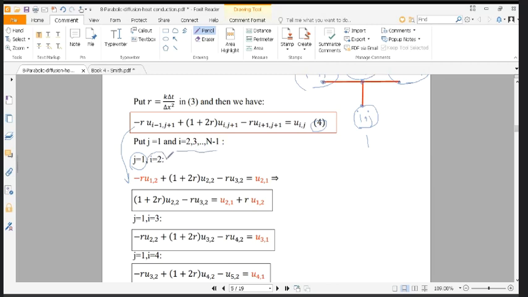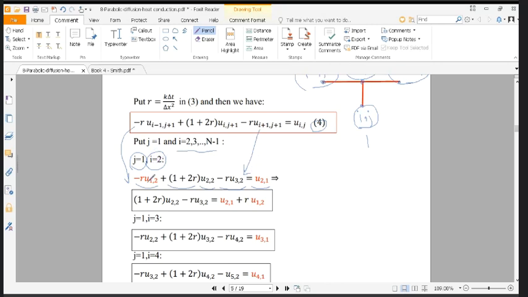When we put i equal 2 based on 4, we have minus r u 1 and 2 plus 1 plus 2r u 2 and 2 minus r u 3 and 2 equal u 2 and 1. Based on 4, I write this formula for j equal 1 and i equal 2.